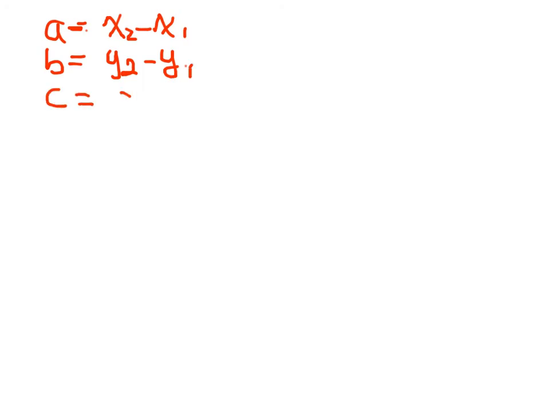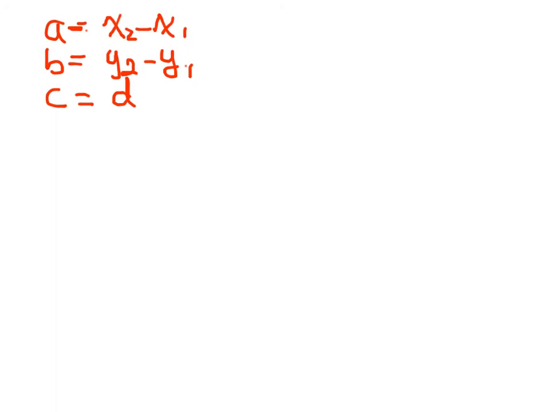alrighty, so here's my new page, and again, if I'm going to generalize the Pythagorean theorem, we said that a was x2 minus x1, and I said that b was y2 minus y1. And let's say that c is equal to my distance.